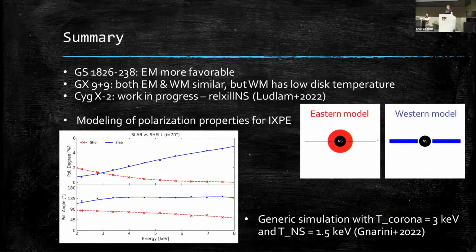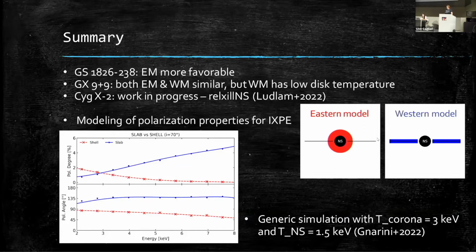However, for the slab corona, the disk temperature that we obtained from the best fit was a little bit too low. I remember that it follows from some of the previous observations that they are more in favor of the Eastern model, so this is good so far. The Cygnus X2 is still a work in progress, so we will be playing around with that a little bit more.